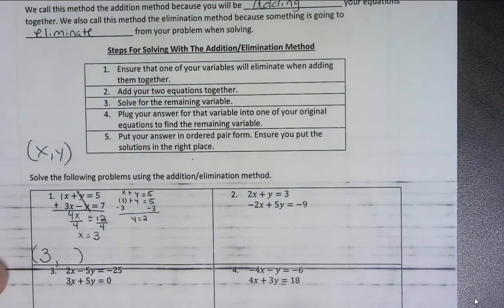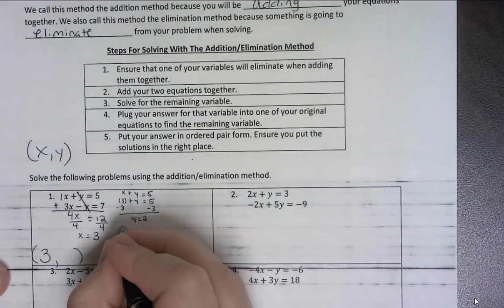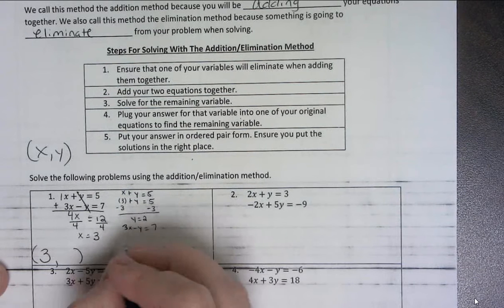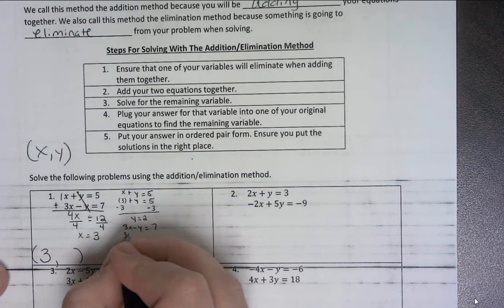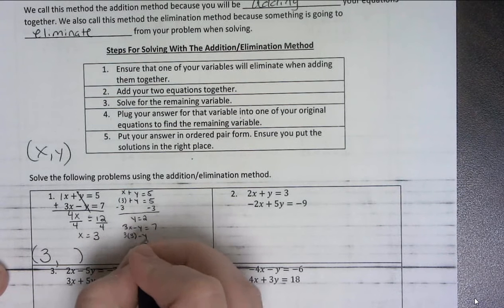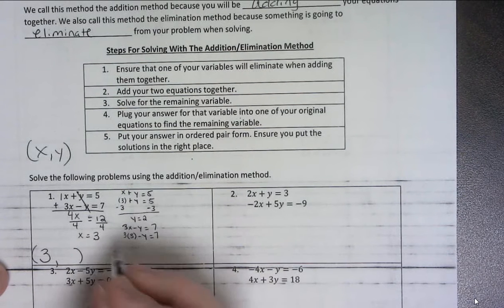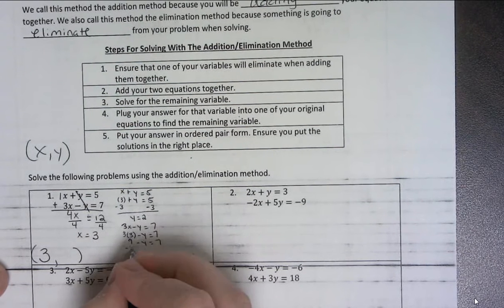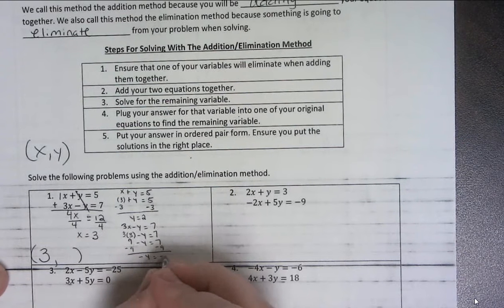Now if you chose the other equation, that would have been fine as well. So plug this 3 in for your x. And so I would do 3 times 3, which is 9, minus y equals 7. Subtract 9 from both sides to get negative y equals negative 2.